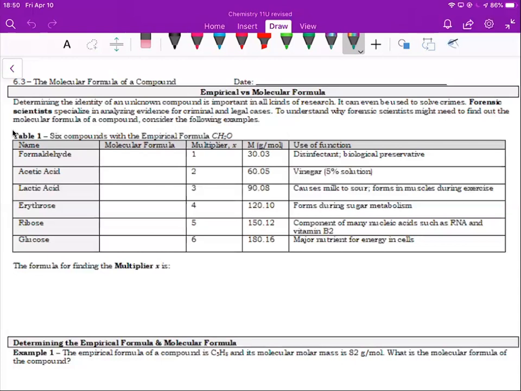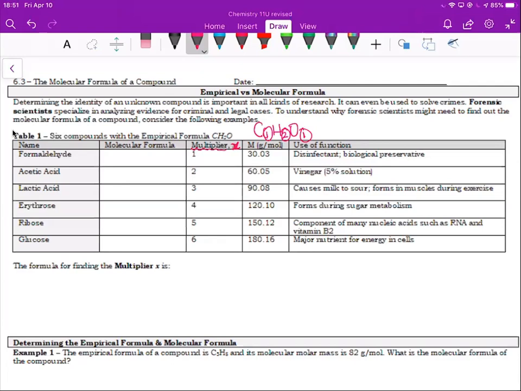So let's look at an example here. It's C1H2O1. That is our empirical formula. In and of itself, it is not that useful until we find something called the multiplier, which is X. And whatever you find to be the multiplier, you multiply the subscripts 1, 2, and 1 by that to get the molecular formula from the empirical formula.